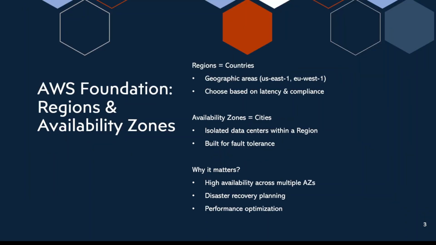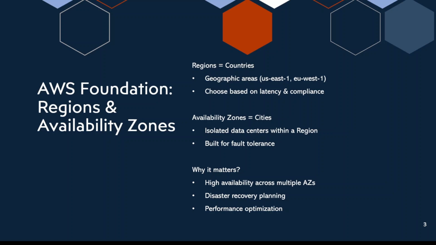Okay, so first of all, regions. You can think of them like countries, right? We have AWS as a globe, and in the globe we have different countries, different geographic areas for the countries, right?